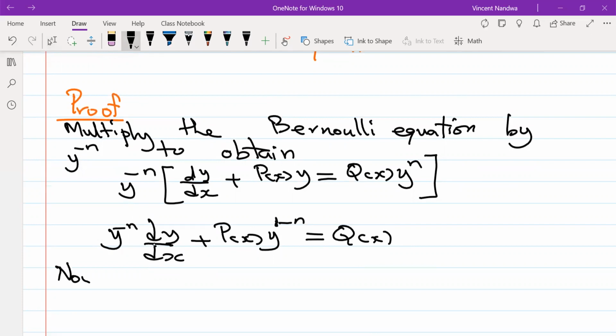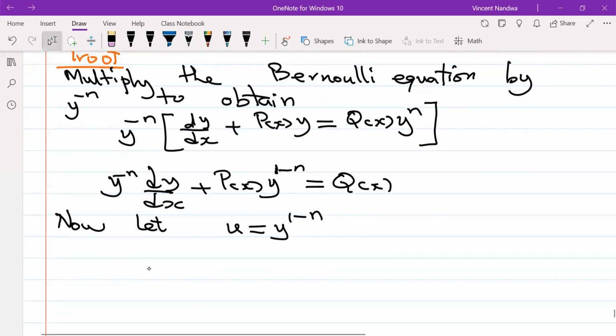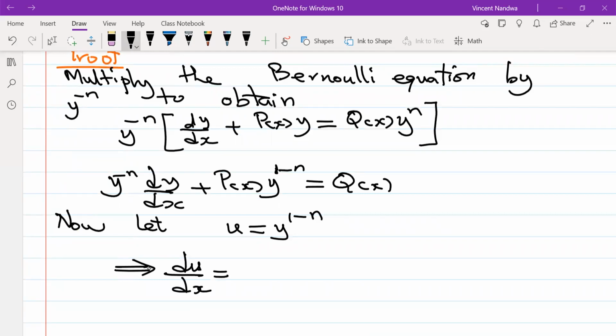Now let u be given by y raised to the power 1 minus n. So u is a function of y, and remember y is a function of x. So by chain rule, differentiating both sides with respect to x, we'll have du/dx equals 1 minus n times y to the power minus n, because we're going to subtract 1 here.